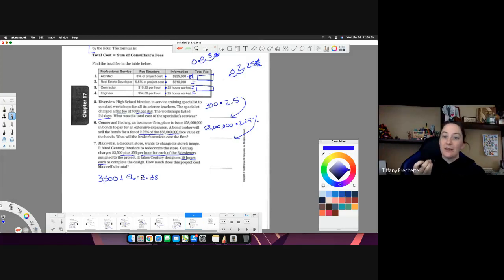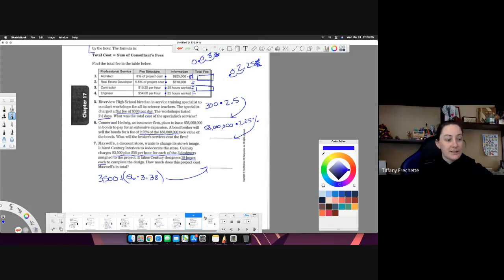In this case, it means we're multiplying. So, or each can also mean multiplication. So $56 for 3 workers for 38 hours each. So we have to multiply all this before we add it to $3,500. And that'll tell us how much they're getting in hourly cost plus the flat fee of the $3,500. So we just have to multiply and then add, and that will tell us our total cost here.